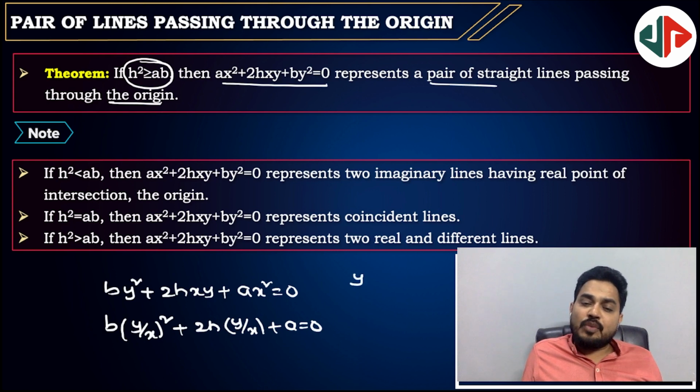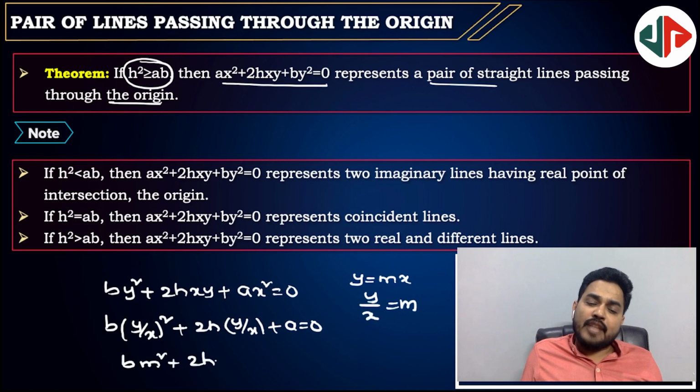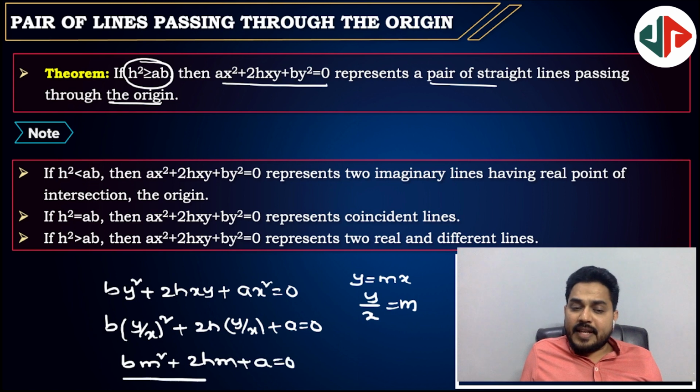So I'll assume y is equal to mx is one of the lines, so y by x is equal to m. So this is bm square plus 2hm plus a is equal to 0. It's a quadratic equation. When will this equation have two real roots? Delta should be greater than 0. Two distinct roots.